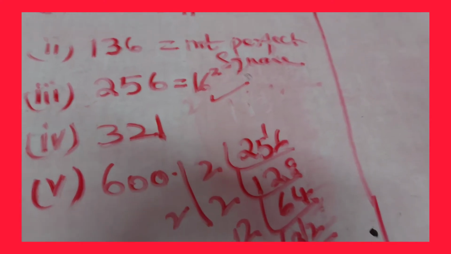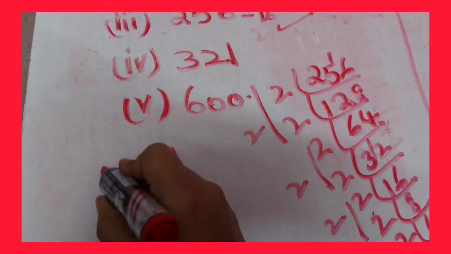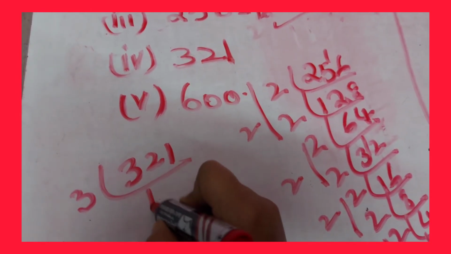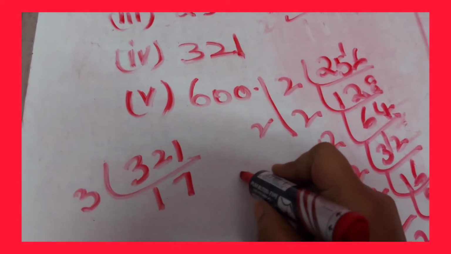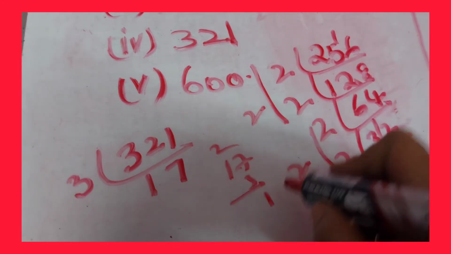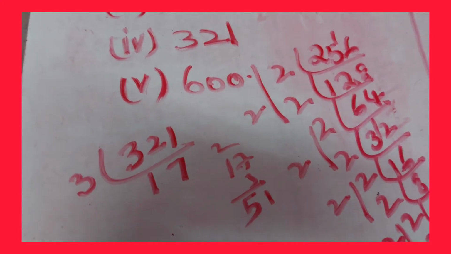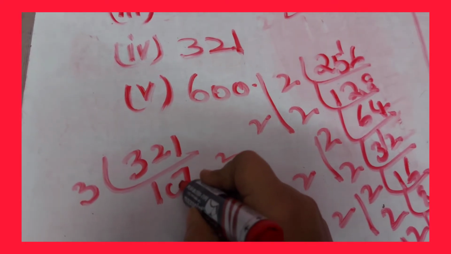Okay, now we'll see for 321. 321 means 3 1s are 3, 3 7s are 21, 7 3s are 21, 1 3 is 3, 4 5 is 51. So here you have to take 0.